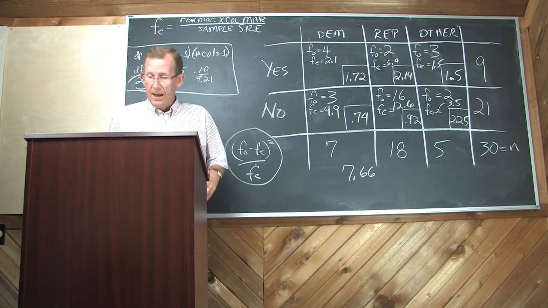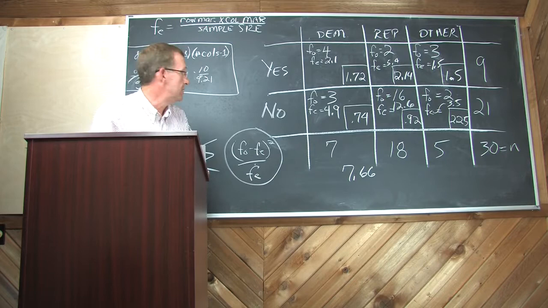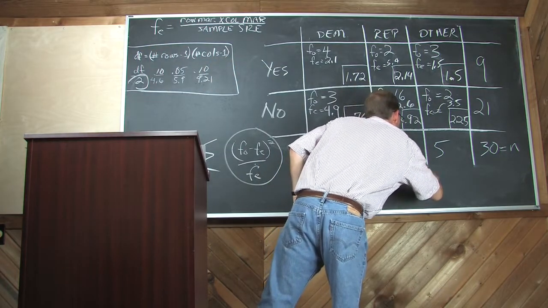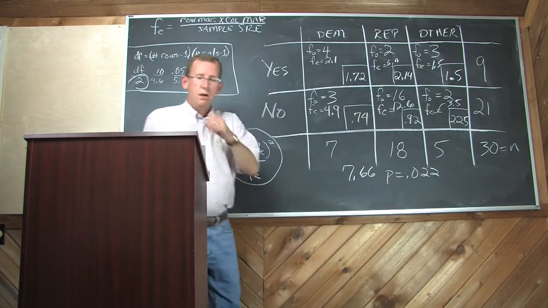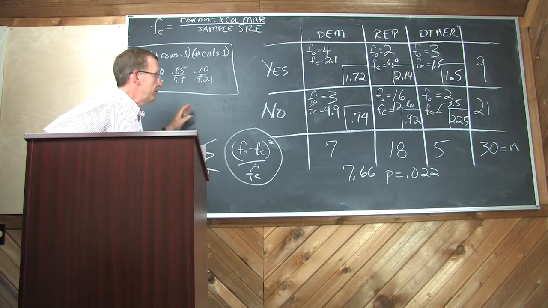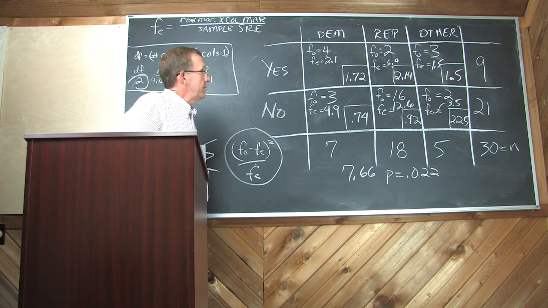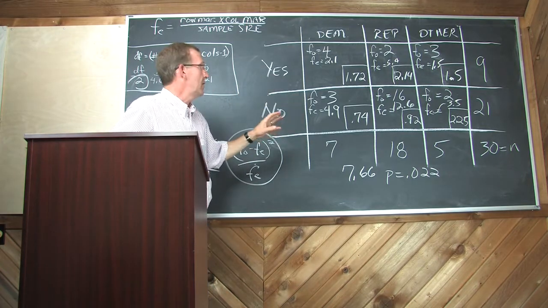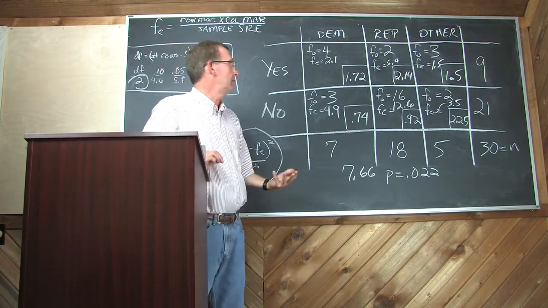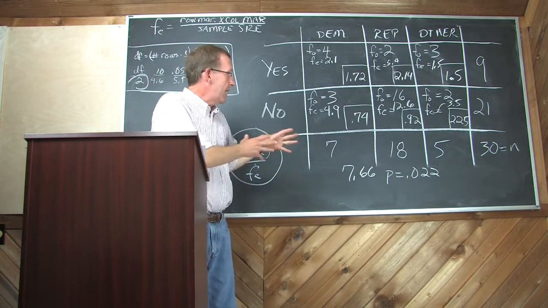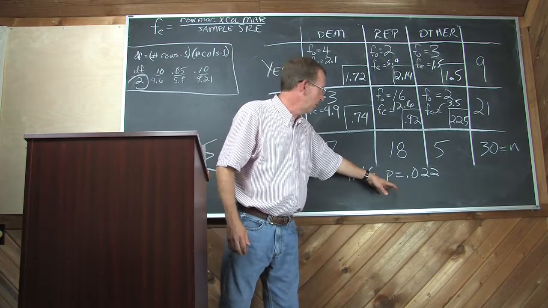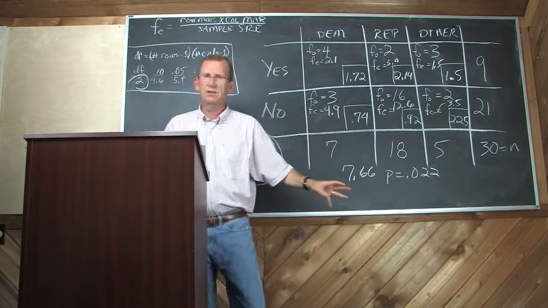And I found 0.022 is the exact p-value that's spit out by the computers. You don't have to reference a table or anything. I do want you to know how to physically calculate this, and to finish this section with just a couple of brief comments. We established with this 7.66 and the 0.022, so it's really close to 98% confidence, right?